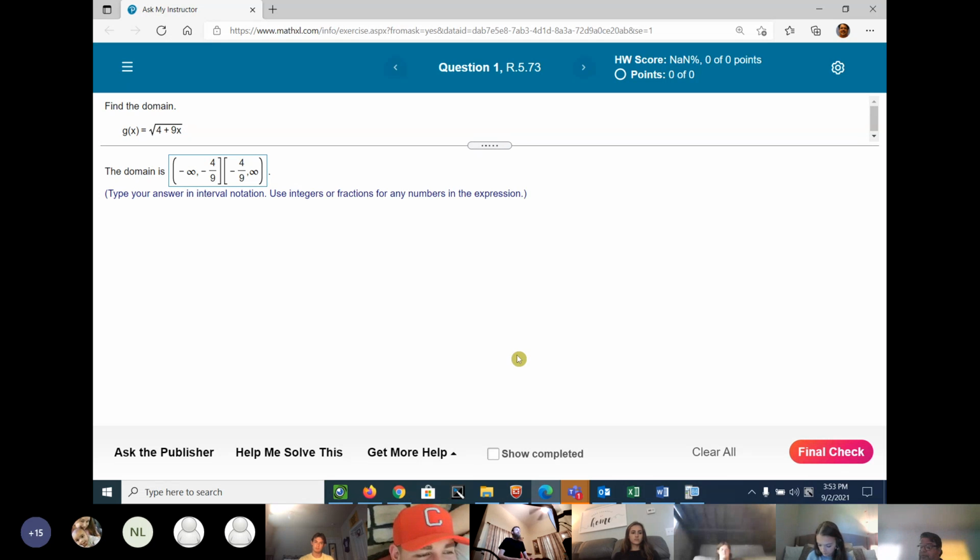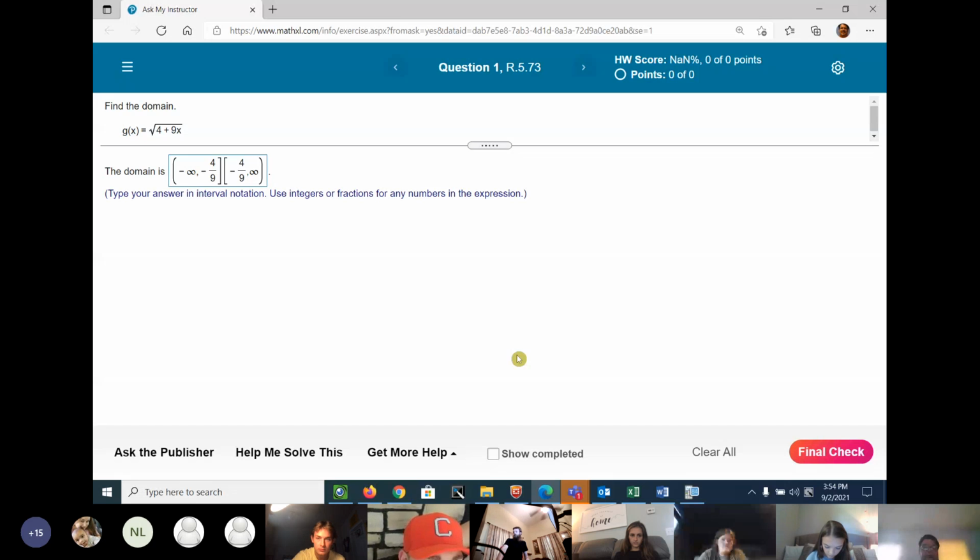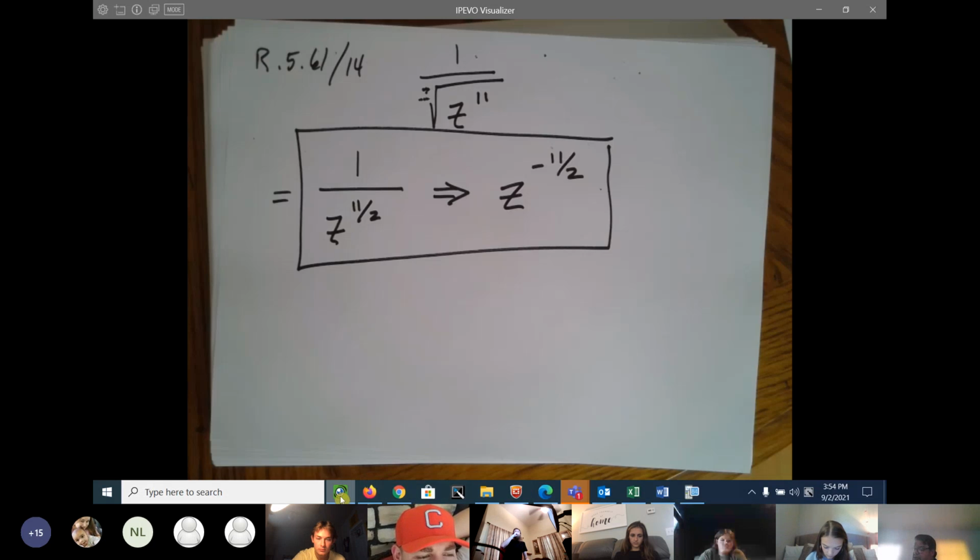All right. G of x is equal to the square root of 4 plus 9x. And I've got to stop after this. All right. So 4 plus 9x is equal to 0. So 9x is equal to negative 4. And x is equal to negative 4/9.